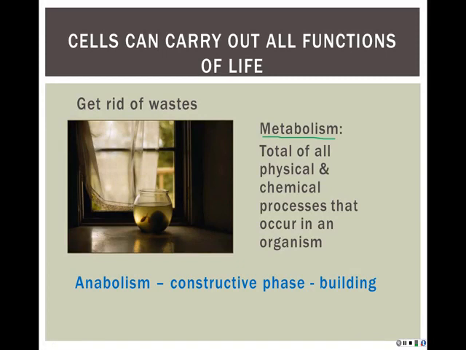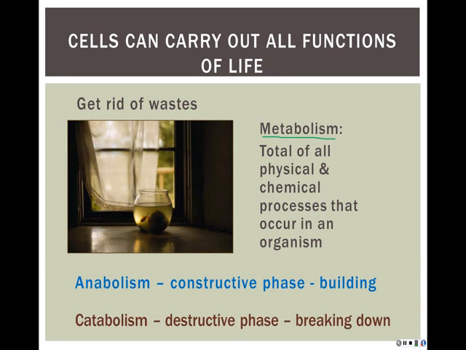So anabolism is the constructing or the building phase. Going back to when we're talking about repairing or reproducing, it's when you actually take the Legos and put them together to build something, whereas catabolism is the destructive phase or the breaking down phase.